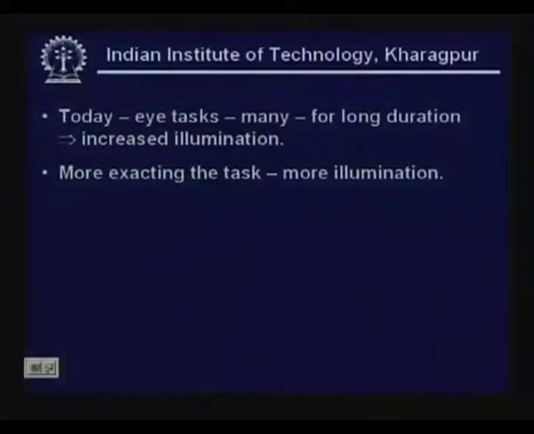All this calls for increased illumination, and therefore, one observes that the finer the task is, more is the illumination requirement.